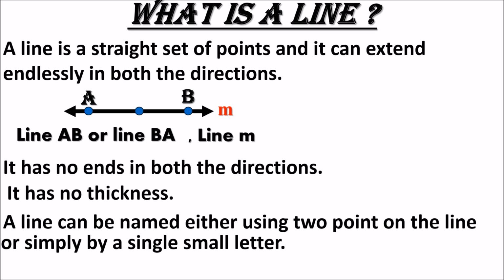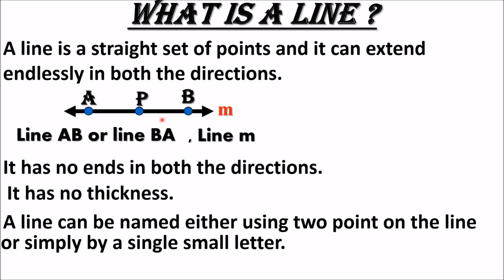Now I have taken one more point on this line. I have named this point as P. Now this line can be named with some more names. Using these 2 points, you can say that it is line AP, or you can say it is line PA.